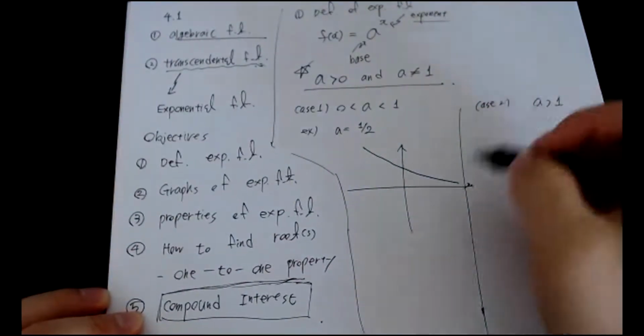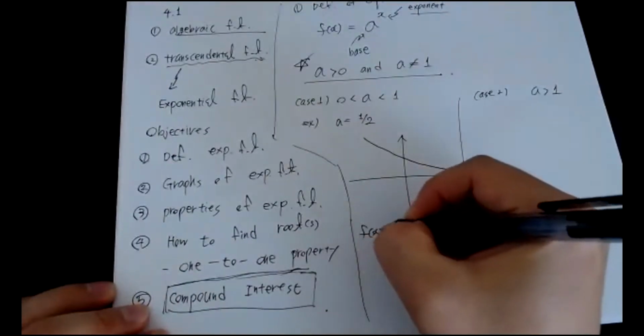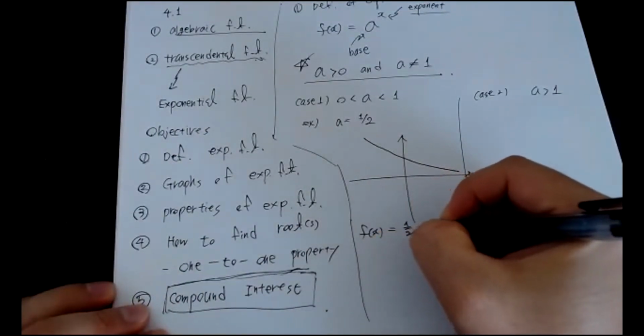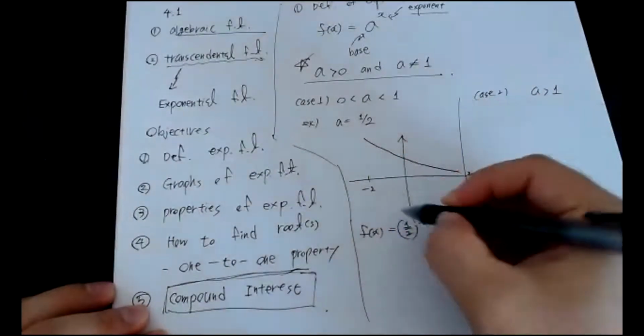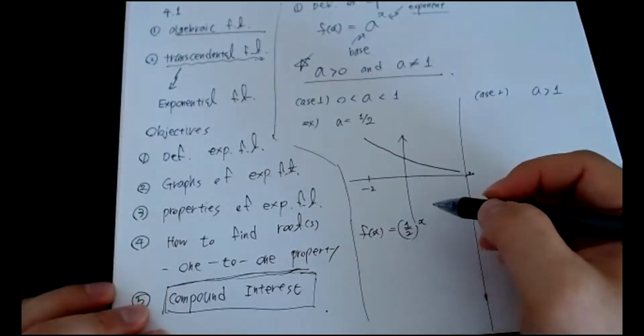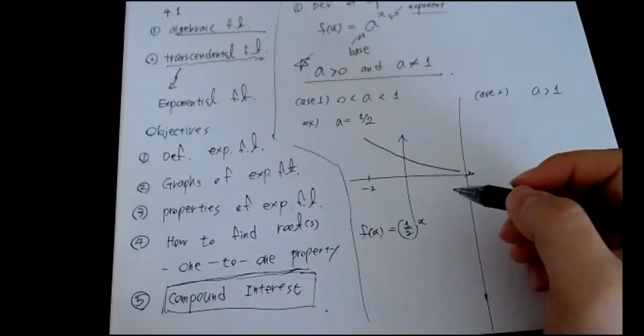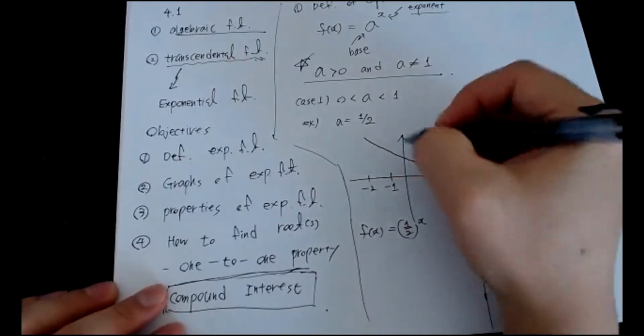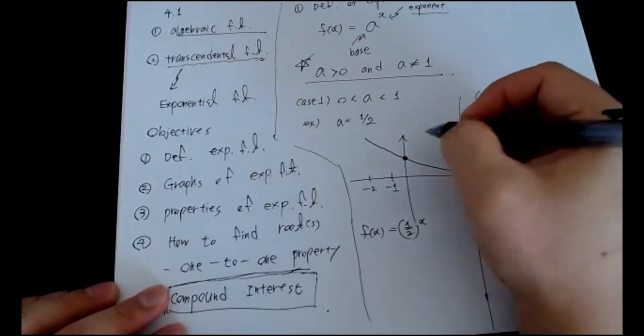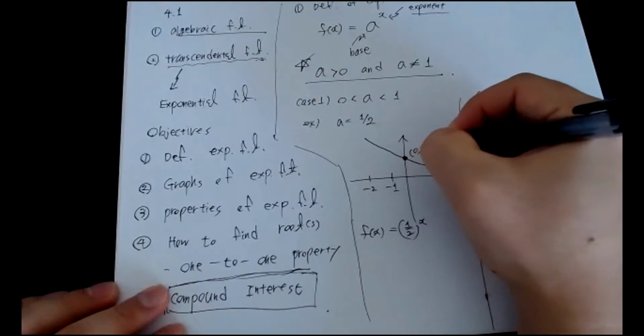That makes sense. Why? F of x is defined by 1/2 to the x power. If x is negative 2, we get 4. If x is negative 1, we get 2. If x equals 0, we get 1, so this is the point (0, 1).